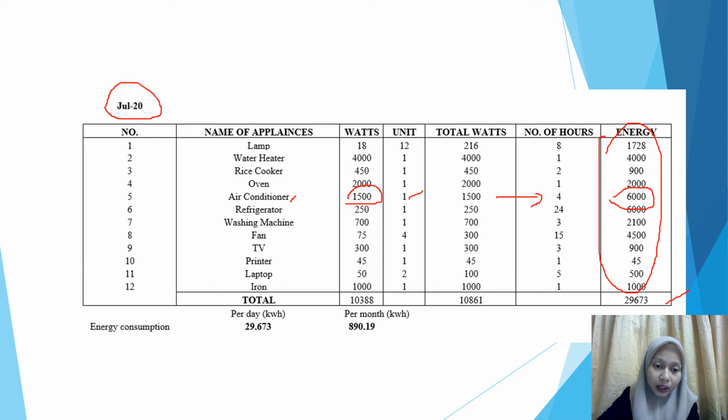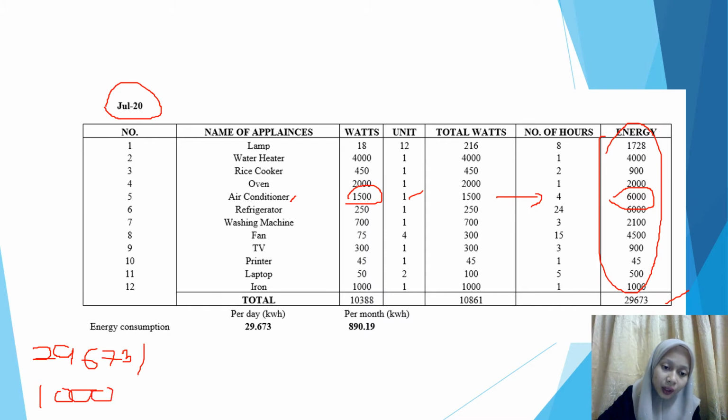So to calculate energy consumption per day, 29,673 divided by 1,000, and we get 29.673. So this is the kilowatt hour per day.